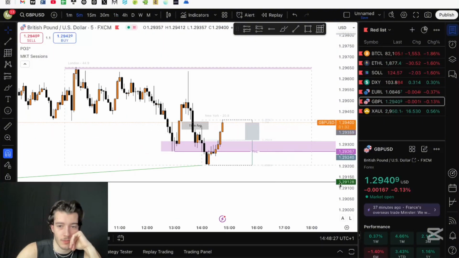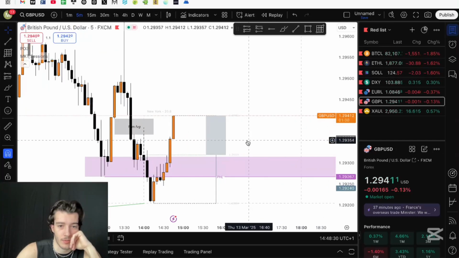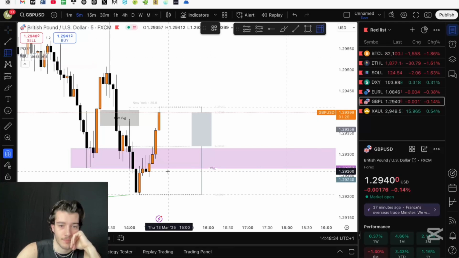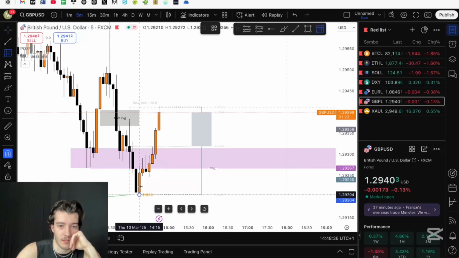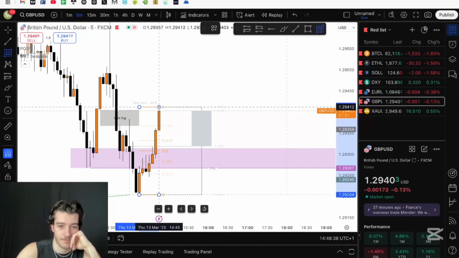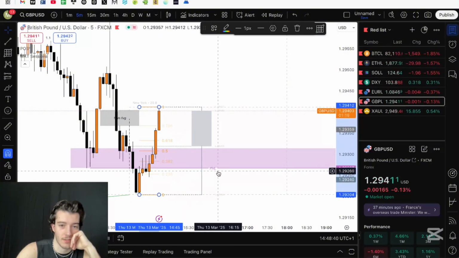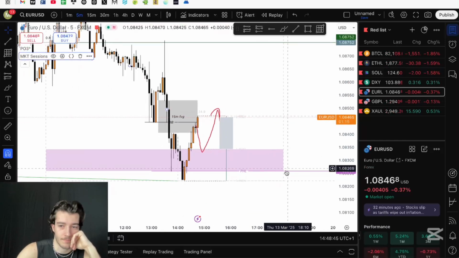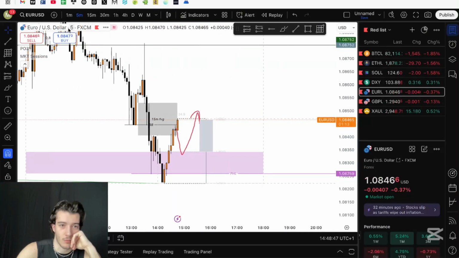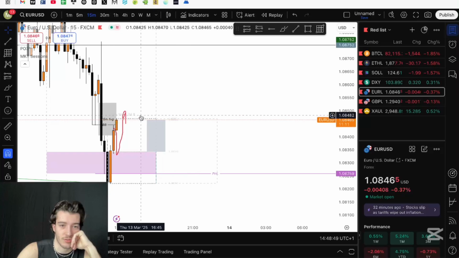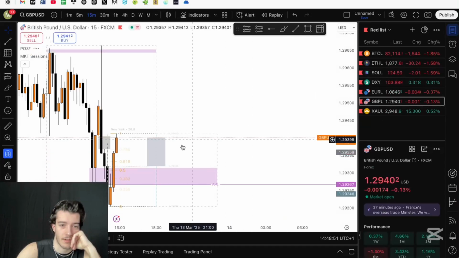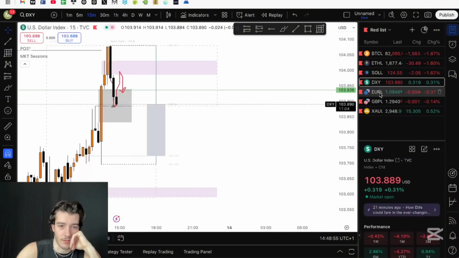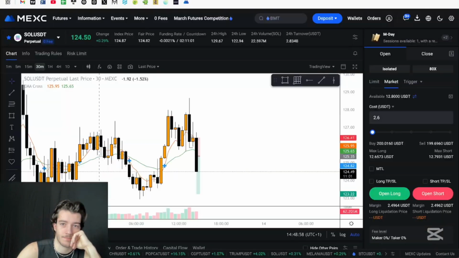A retrace would be nice into a fair value gap, into equilibrium. Something that we can enter off of. Coming back into this London low area would be nice on GU. But we would have to completely disrespect this 15-minute bearish fair gap here on the dollar and on euro in that case.